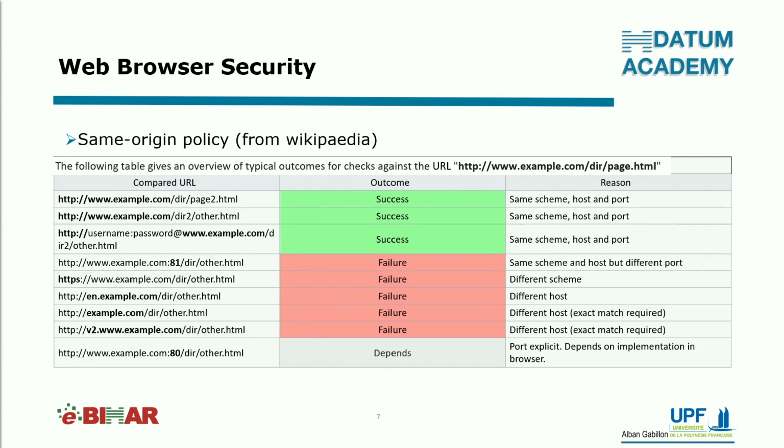You may consider that the last URL is of the same origin as the referring URL because it uses port 80, but here the port is explicitly written, whereas in the referring URL the port is implicit. So some browsers will consider the last URL as being of the same origin as the referring URL, but other browsers will not.